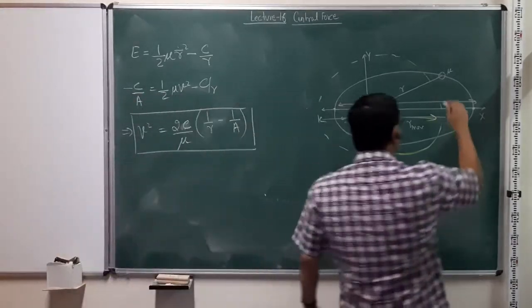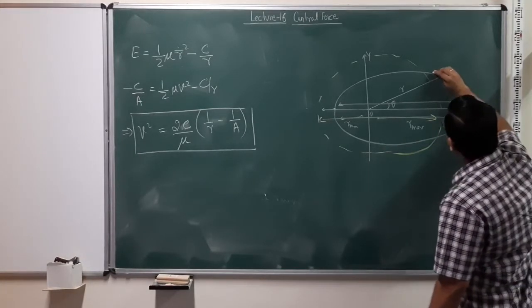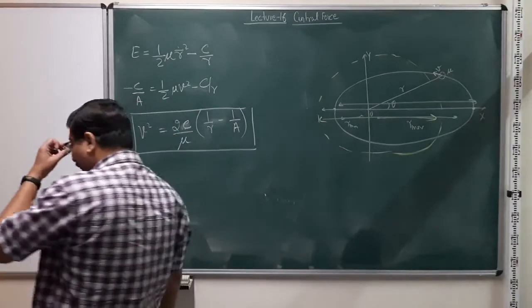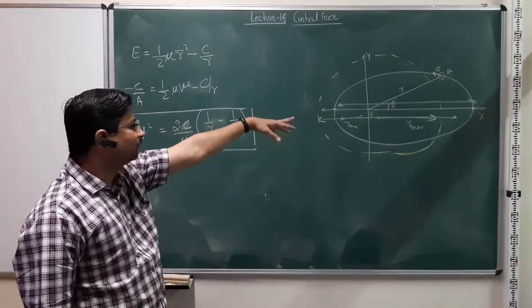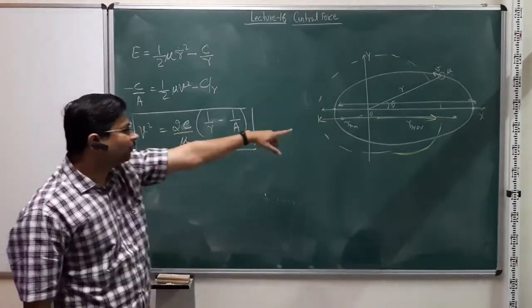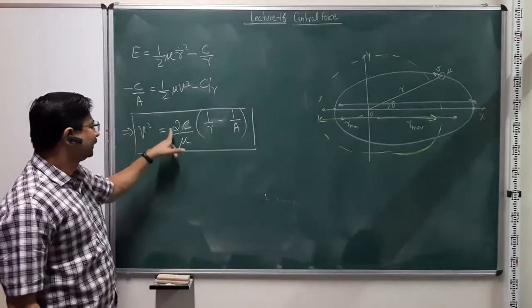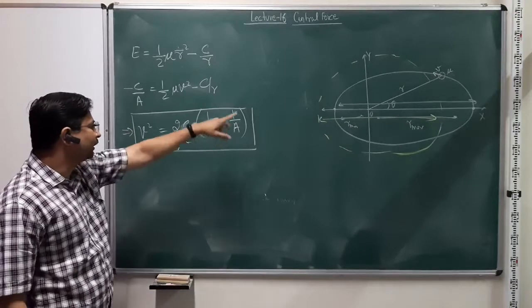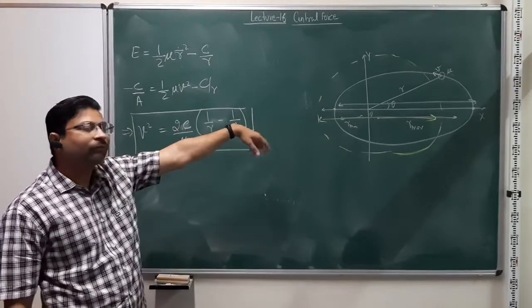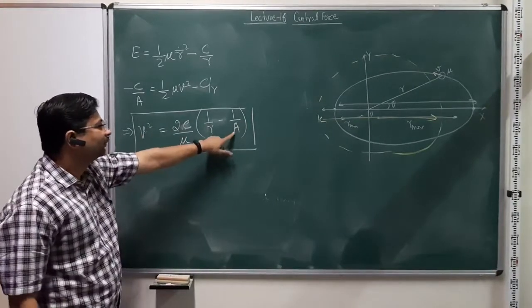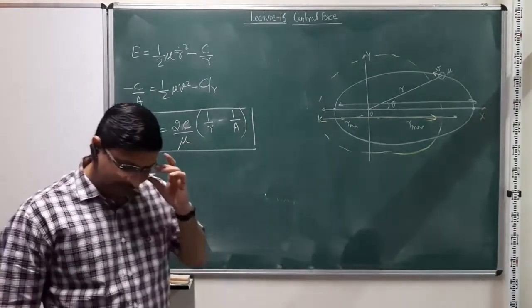So the velocity of the object going about these orbits at any location, so at any distance r, is then given by this expression. So r is the instantaneous position and a is the semi-major axis. So again, this velocity is also governed by the semi-major axis.